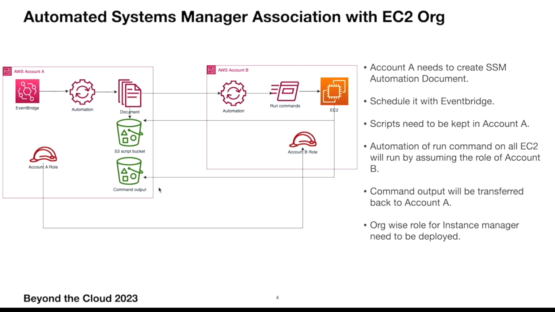This is very simple. The triggering of that particular automation in account A, the master account, can be configured via EventBridge. So we don't have to depend on the association or automation association scheduling; rather, we can schedule it with EventBridge.